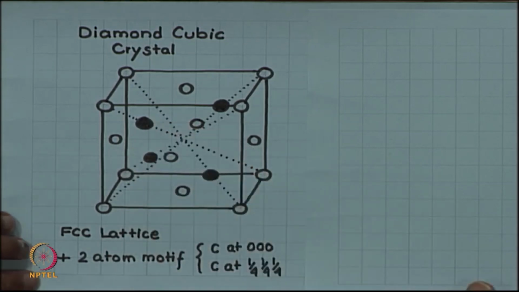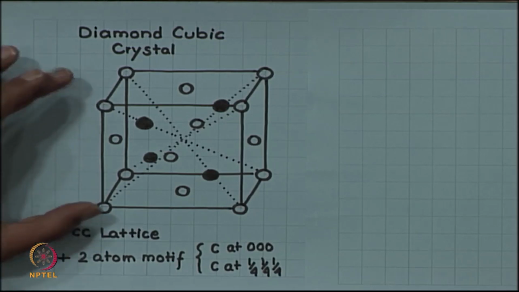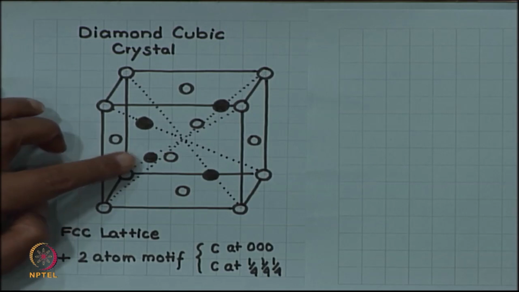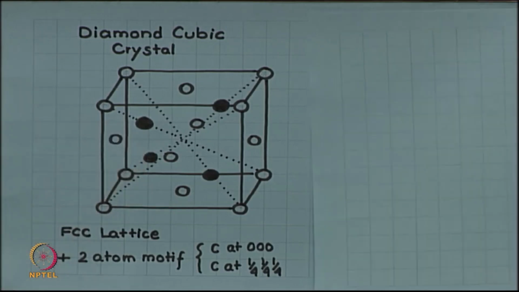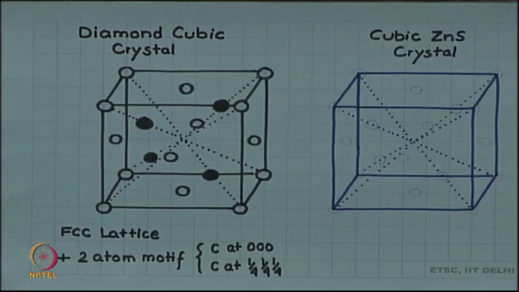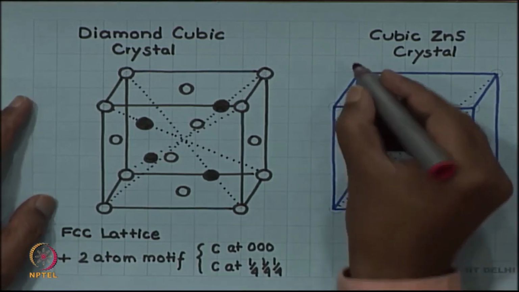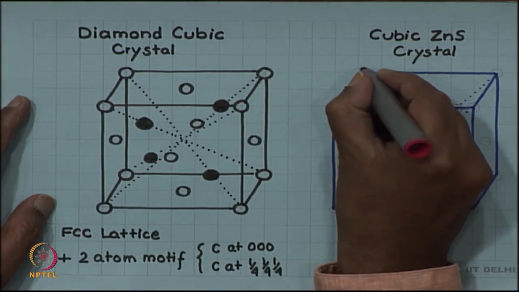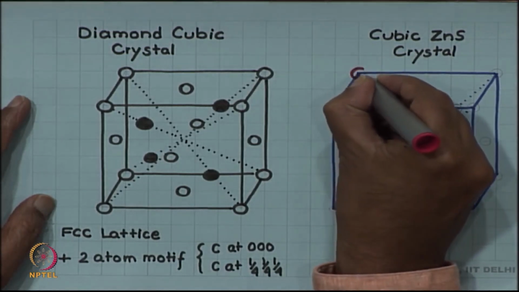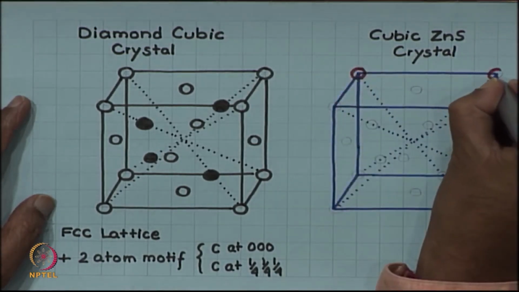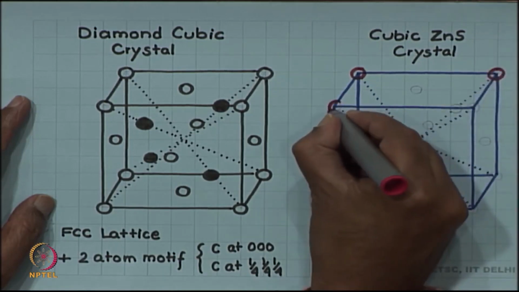In the diamond cubic crystal, diamond is an element, so all atoms are of the same type, but some are located on the face centered cubic sites and others on these body diagonals. The cubic zinc sulphide structure can be related to this. So, the sulphide ions can now be made to sit on each of these face centered cubic sites.